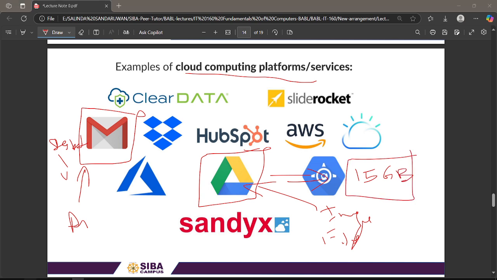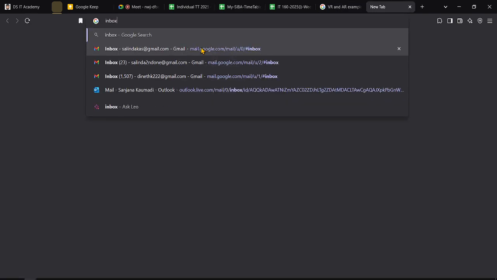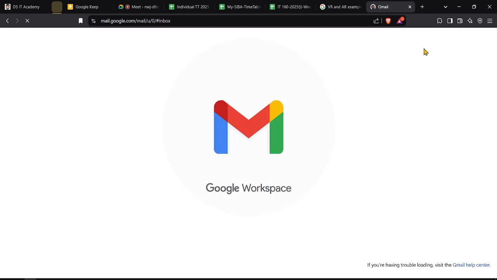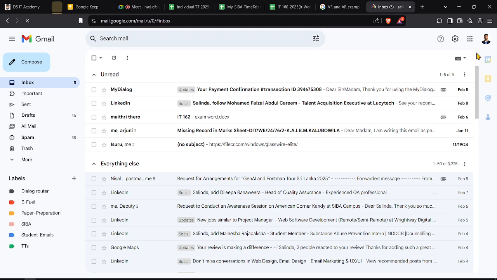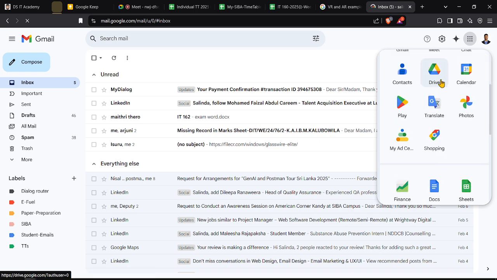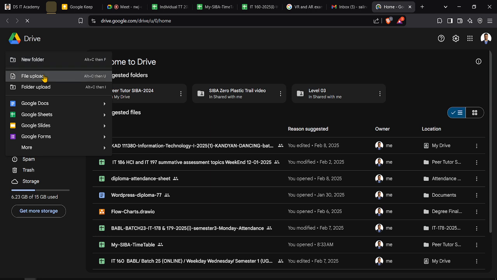How to access that? Just go to your email. So let me go to my email inbox. You have some icons here in the right up corner. If you click this, you have Drive here. If you click there, you can access the Google Drive, right? Then there you can add new files, create new folder, file upload, like this.